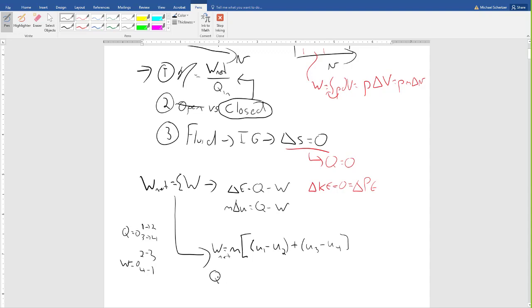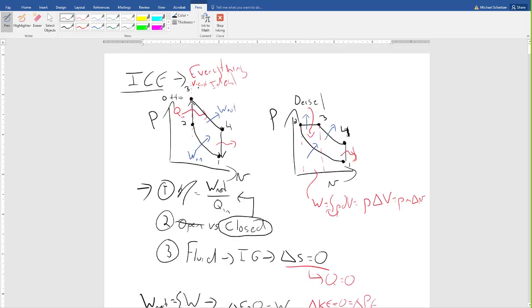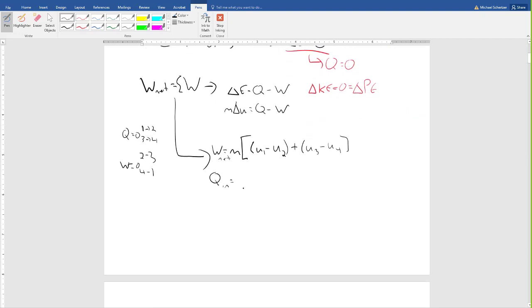Our heat in, we look at our system, and where do we add heat? We add it between state 2 and 3. So this is going to be the mass times, between state 2 and 3, we're going to cancel out the work term. So Q is equal to m times U3, the end point, minus U2.